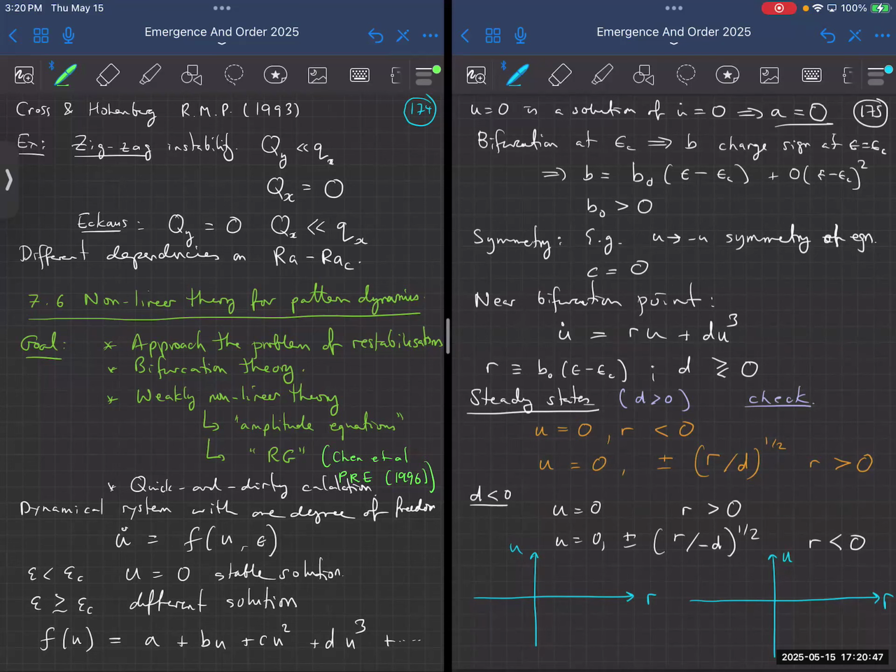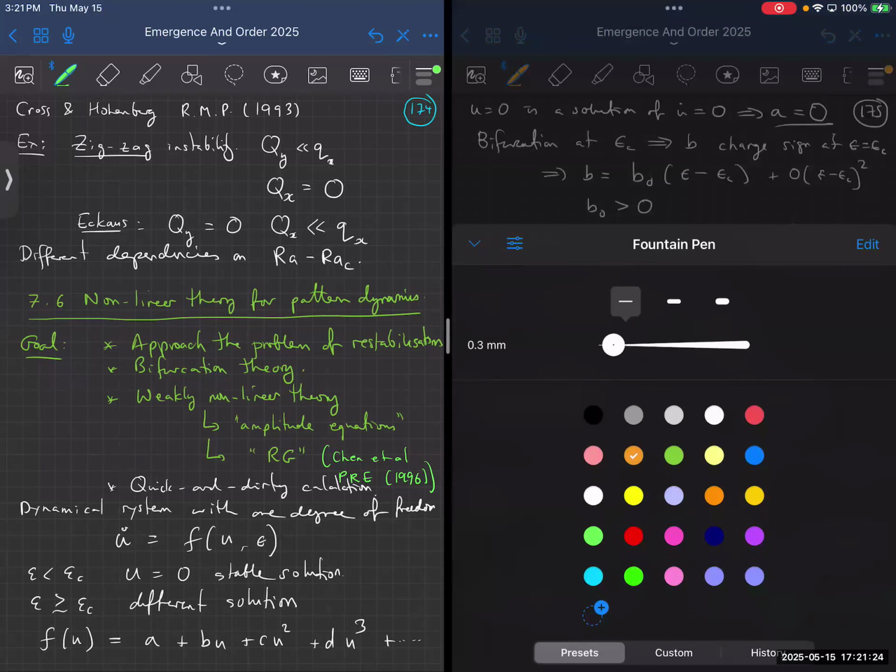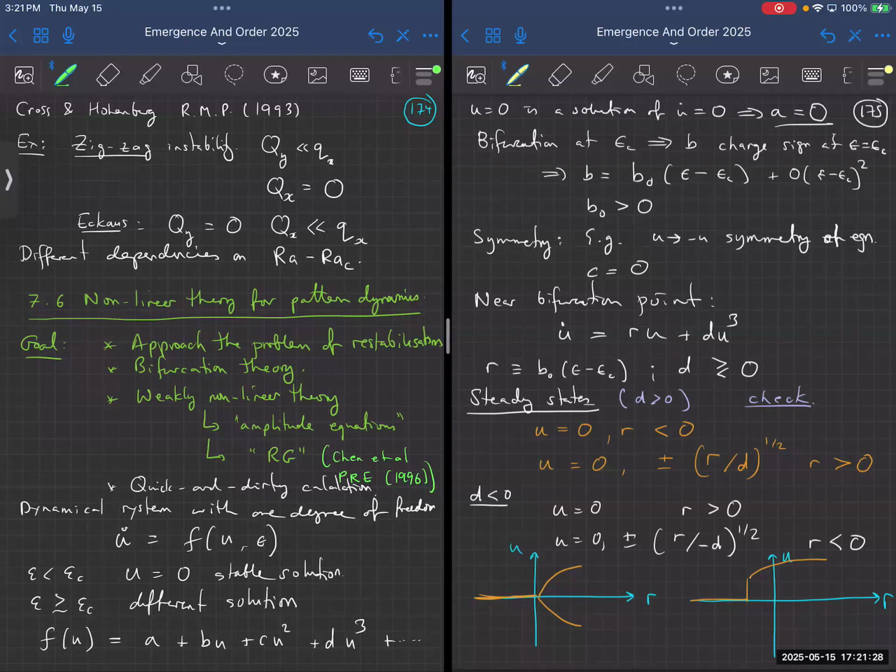So what I want to show you is this. The state of the system can either be something like this, and then you either go up like this or like that, or it can be that the shape of this is something like that.